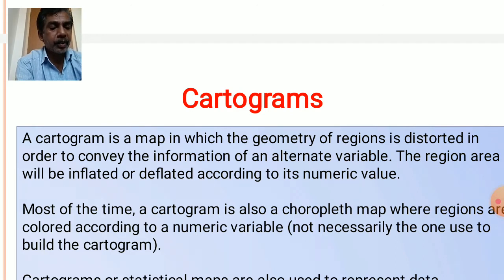A cartogram is a diagram used in statistics for representing data. Statistical facts or data are presented through maps accompanied by various types of diagrammatic representation, and it presents the numerical facts in a pictorial form, in a geographical or spatial distribution.